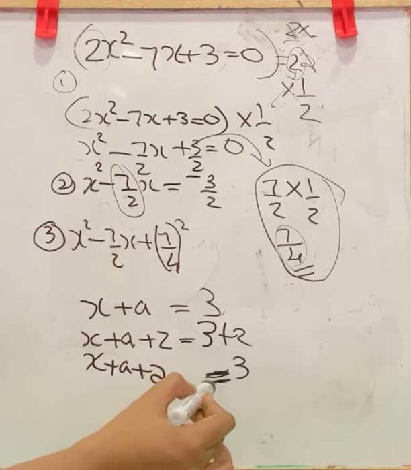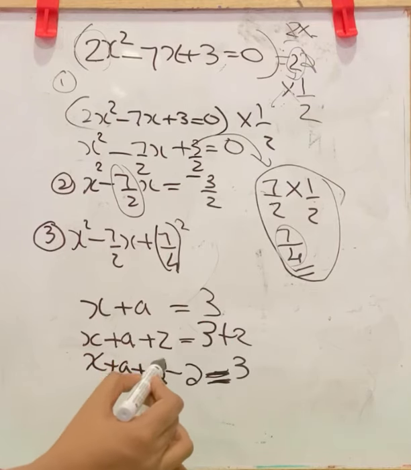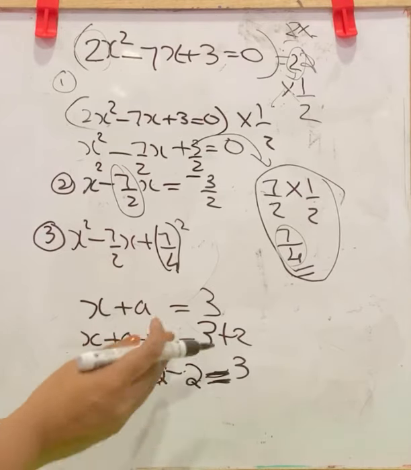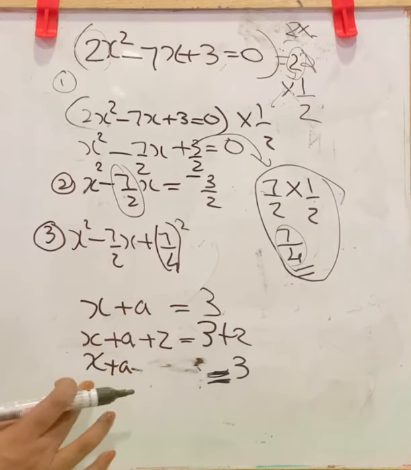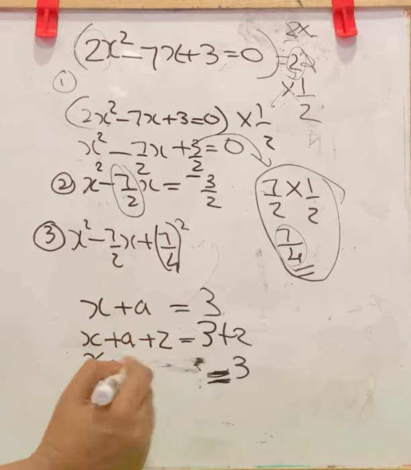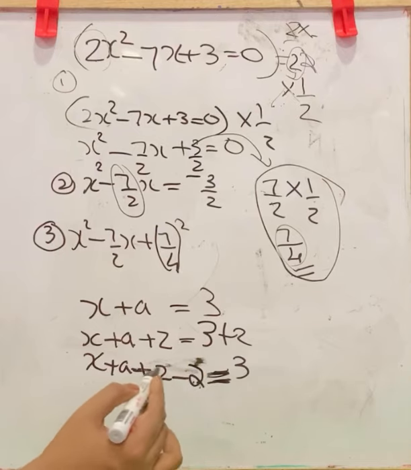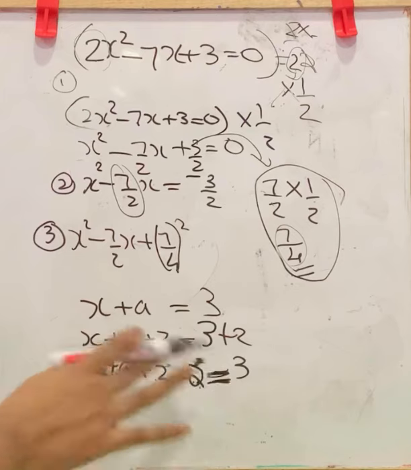To keep the equality balanced, you subtract the same number you added. Plus 2 and minus 2 make 0, so it doesn't change the given equation. So you have to subtract the same number that you added to the equation. Then the equality will remain balanced.